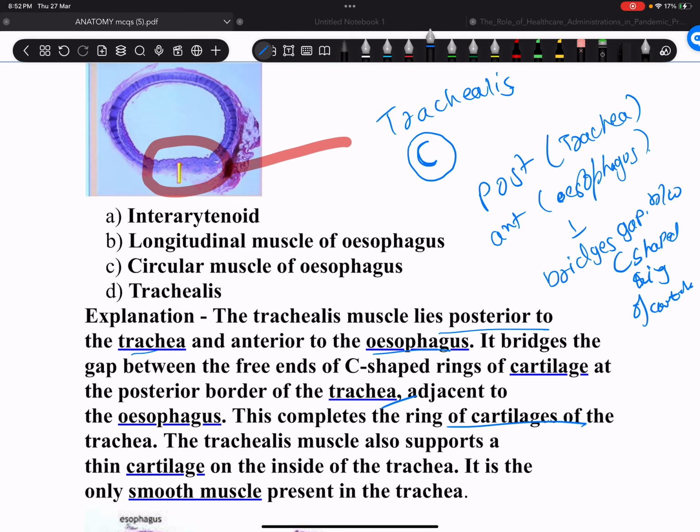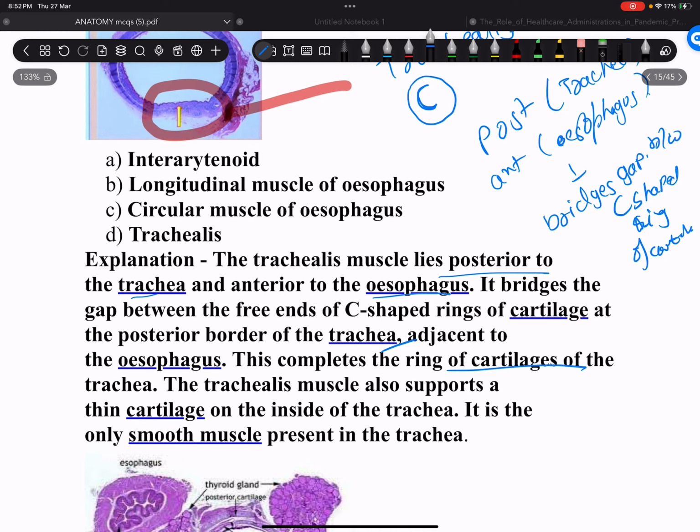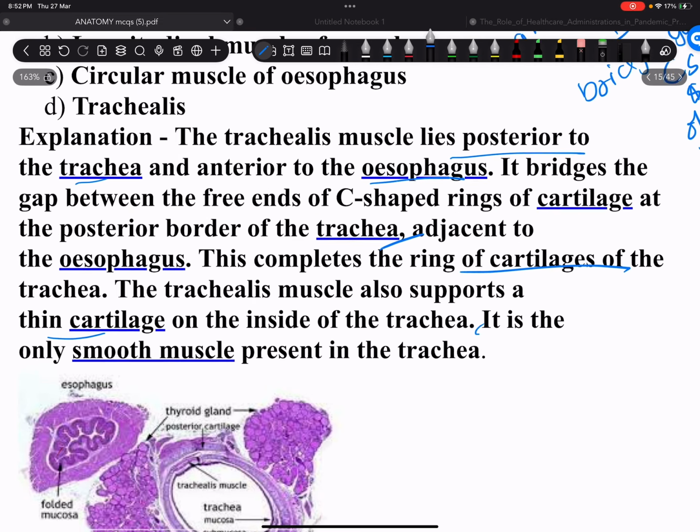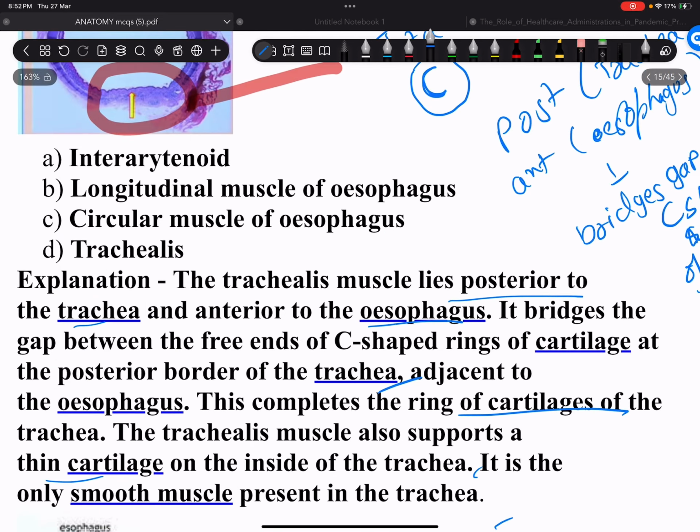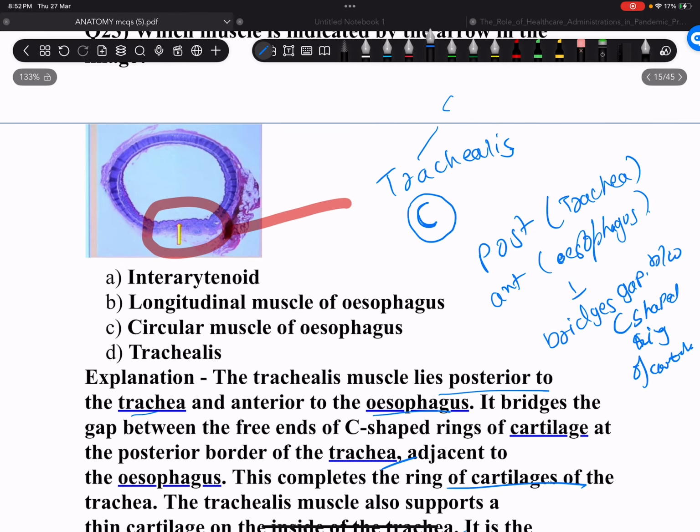This completes the ring of cartilage of the trachea. This tracheal muscle also supports thin cartilage on the inside of the trachea. It is the only smooth muscle present in the trachea.